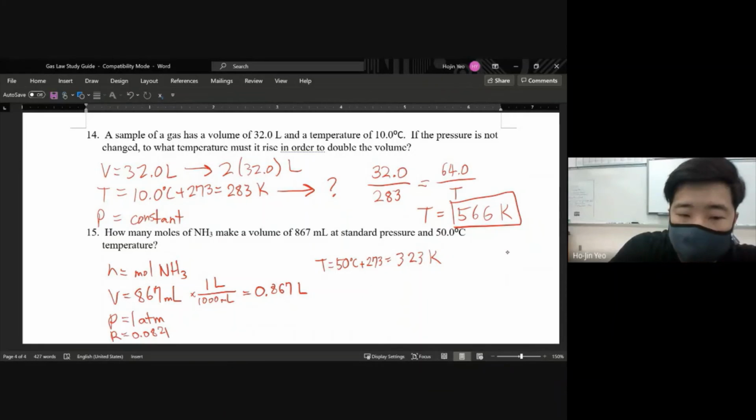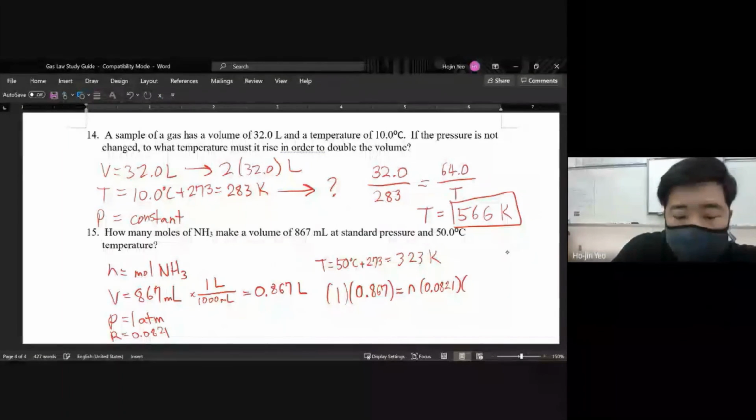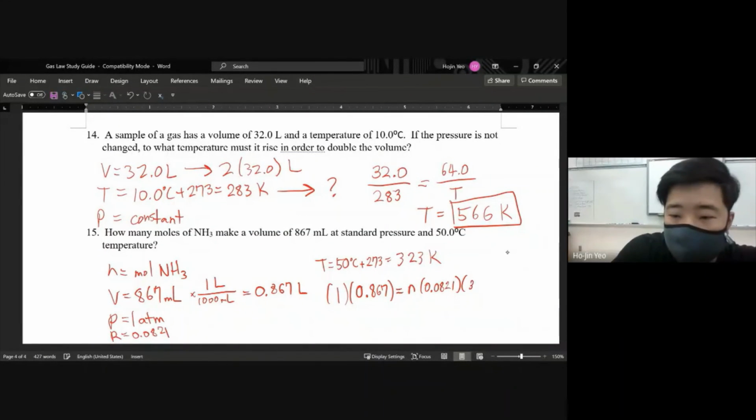Now plugging in the information, so we have pressure as 1 ATM, volume is 0.867, number of moles is n, R is 0.0821, and our temperature is 323. So figure out what n is.